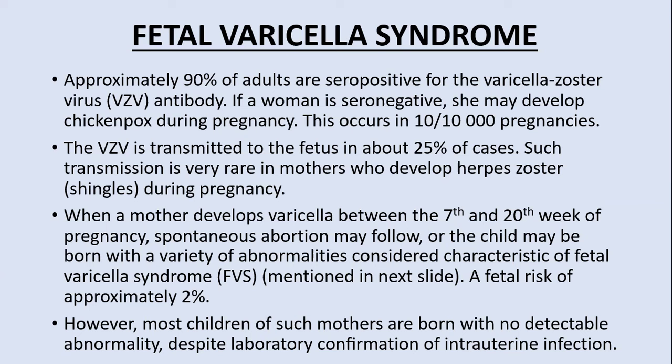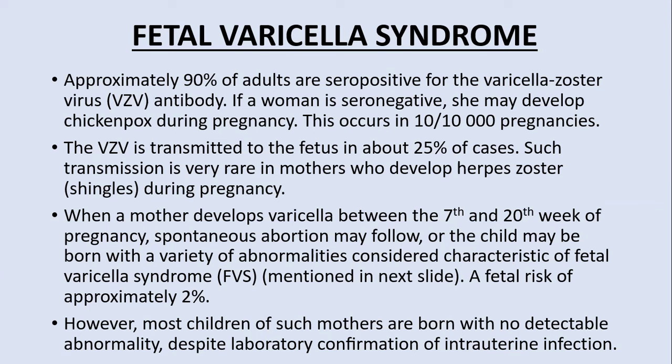If varicella zoster virus affects the mother for the first time, there is a 25% chance of transmission to the fetus. Such transmission is very rare in mothers who develop herpes zoster because in herpes zoster, the varicella zoster virus antibodies are already present.